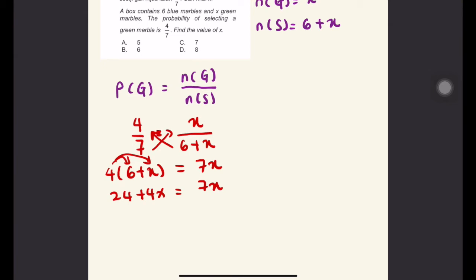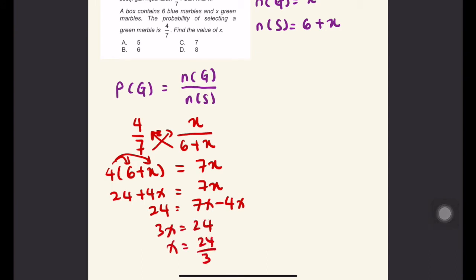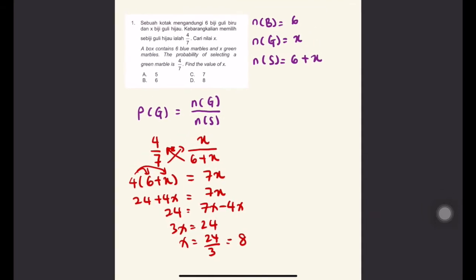Then we find the value of X. 24 is equals to 7X minus 4X, so 3X equals to 24. X is equals to 24 divided by 3, which is 8. So your answer for the first question is D. I hope it's clear.